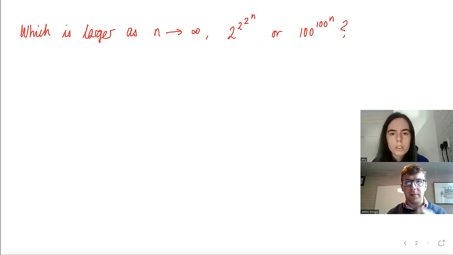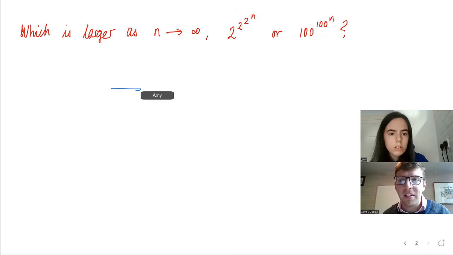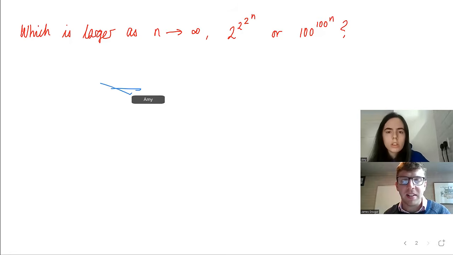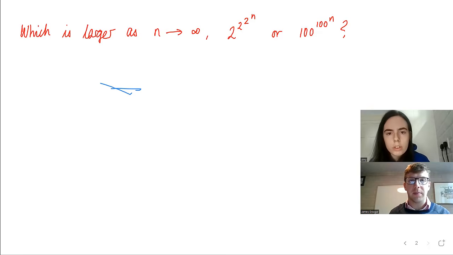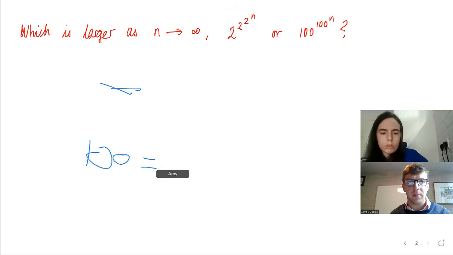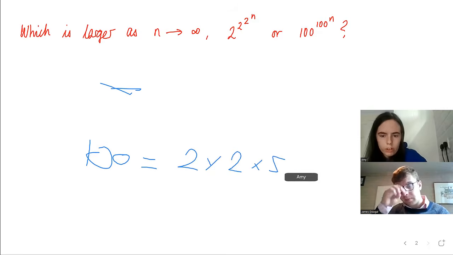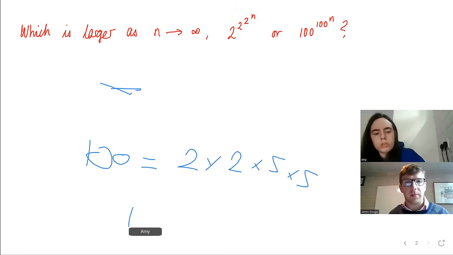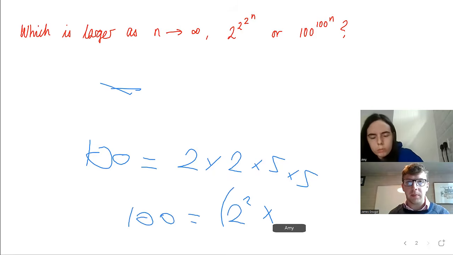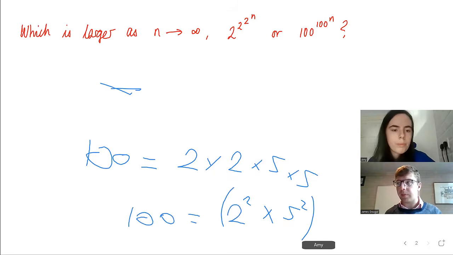So I'd look at this by saying, well, we know that, as n tends to infinity, we're going to be looking at graphs here. We know 100 is equal to 2 times 2 times 5 times 5, so 100 is equal to 2 squared times 5 squared.